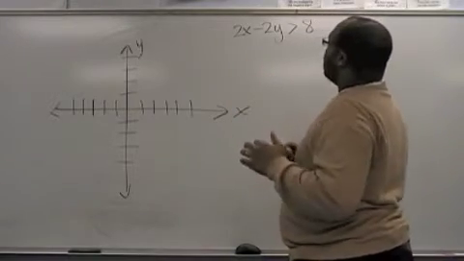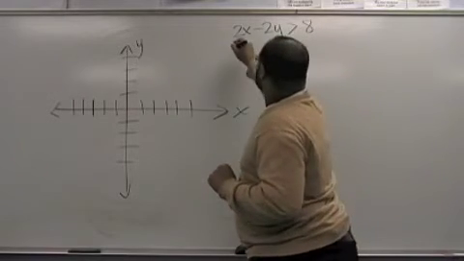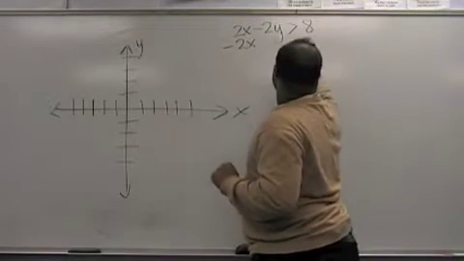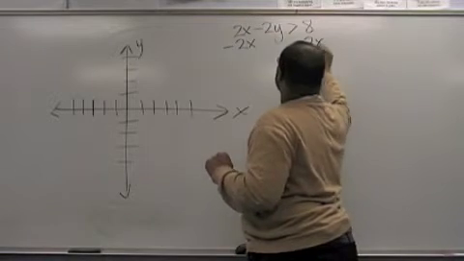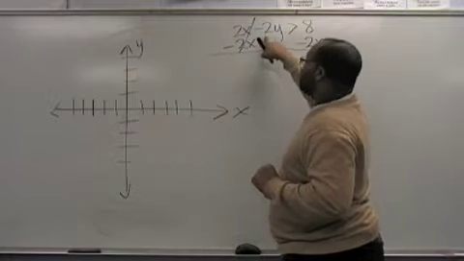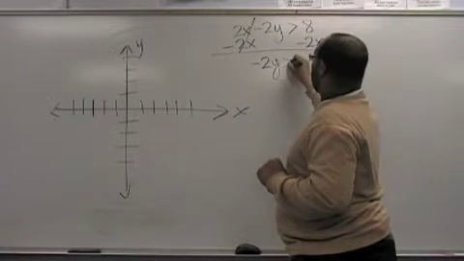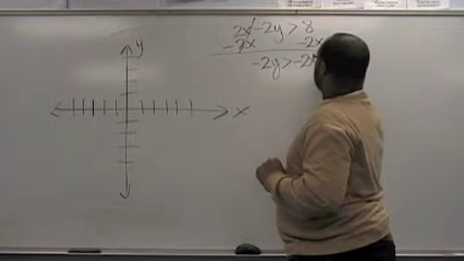All right. So, of course, we still need to solve for y. Let's subtract 2x from both sides. This will then cancel out. Now don't forget, this was a negative 2y when I dropped this down. It's greater than a negative 2x plus 8.